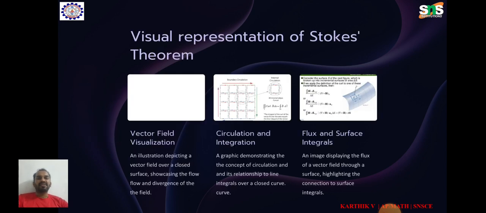Visual representation of Stokes theorem. Closed loop C: think of C as a closed curve in space, possibly a loop or any closed path.